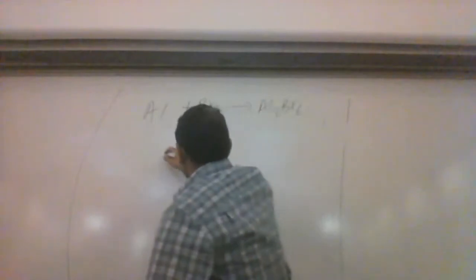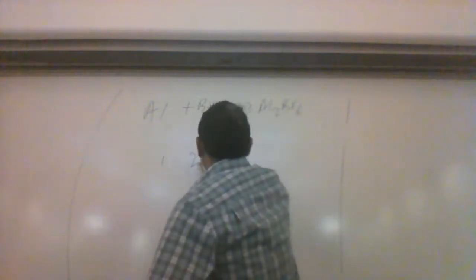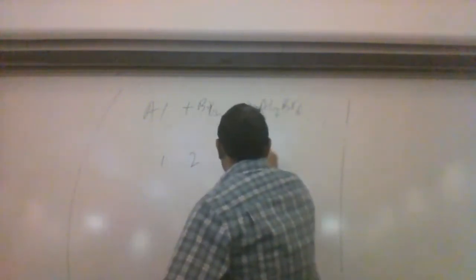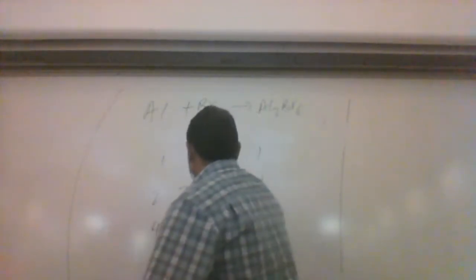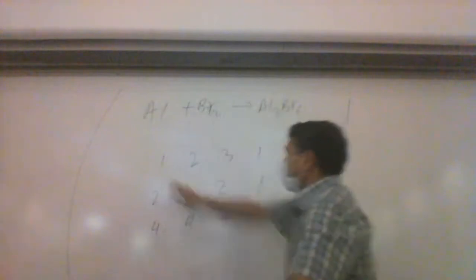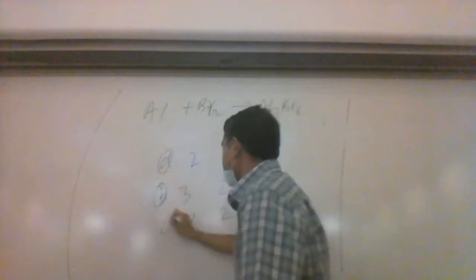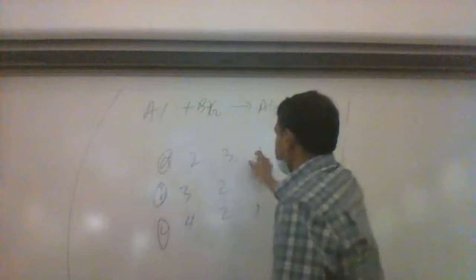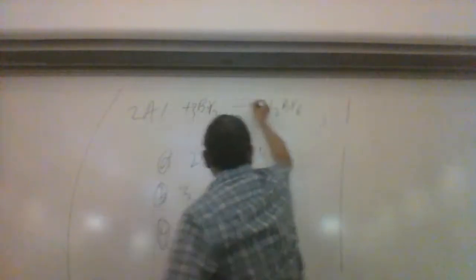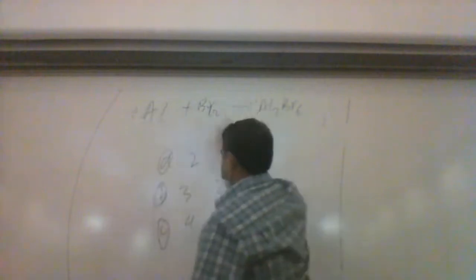So like this. It might ask, okay, what makes this equation balanced? Maybe 2, 3, 1, or 3, 2, 1, or 4, 2, 1. So you might have to choose one: maybe A, maybe B, maybe C. So you're just going to put either this set of numbers, 2, 3, 1, or 3, 2, 1, or 4, 2, 1.